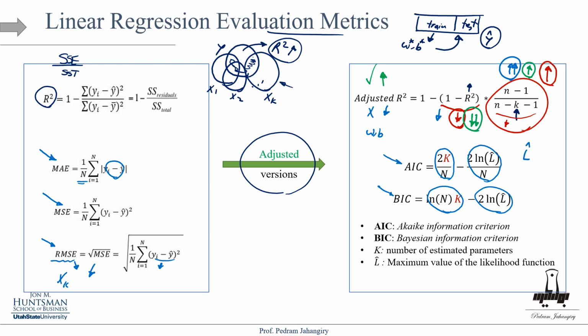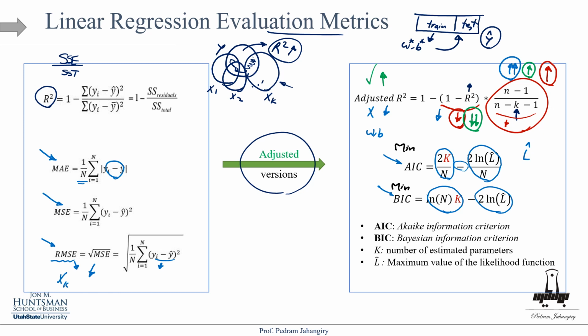Most probably it is obvious that you want to maximize that probability. So if you want to maximize that probability, you would better minimize the negative of that probability, right? So in general, we always want to minimize the AIC. When you compare different models, you will pick the model with the smaller AIC.